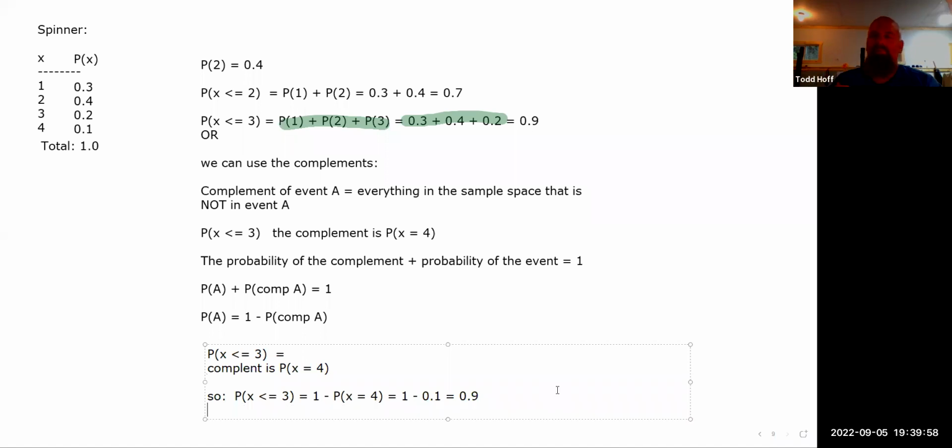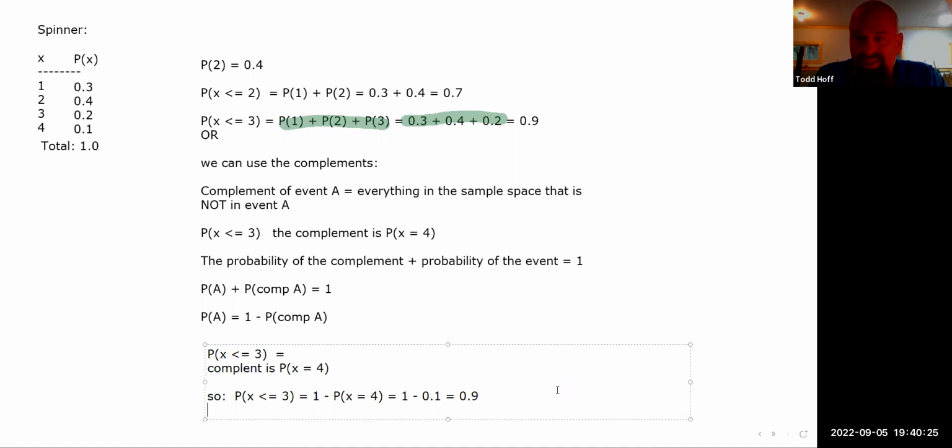Now here, since our sample space only had 4 outcomes in it, the complement was a little bit easier, but it wasn't a big deal. But if there were 20 events listed in that sample space, then it would be a big deal. If the probability of being less than or equal to 18, well, we'd have to add up from 1 to 18.